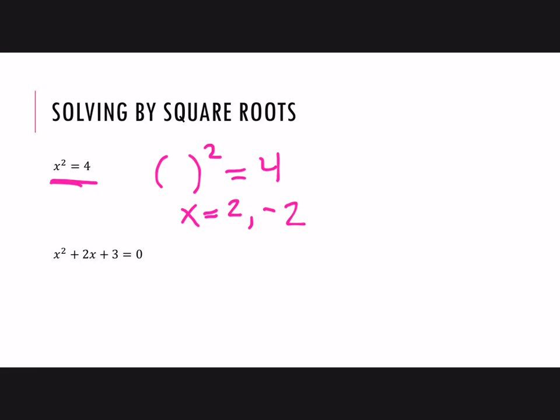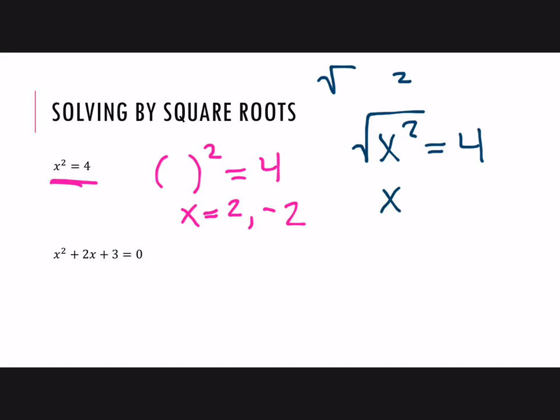So here's the gist. When we want to solve by square roots, we'll take something that's squared like this, x squared equals 4, and a square and a square root are inverse operations. They'll undo each other. So if I square root x squared, I know that the square root of something squared is whatever that number is.